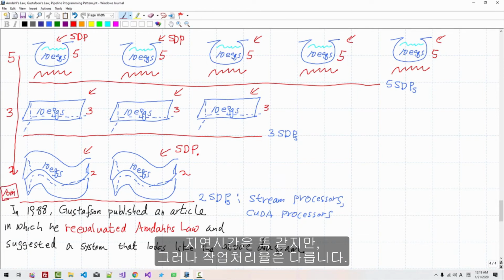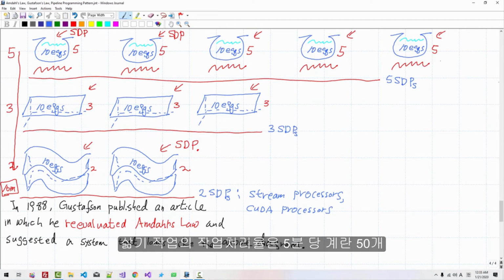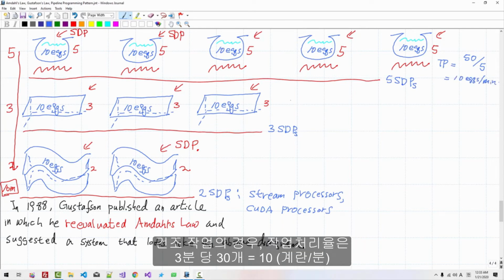Latency is the same, but the throughput is different. In case of boiling, the throughput is 50 eggs over 5 minutes, so 10 per minute. In case of the drying stage, the throughput is 30 over 3 minutes or 10 per minute.